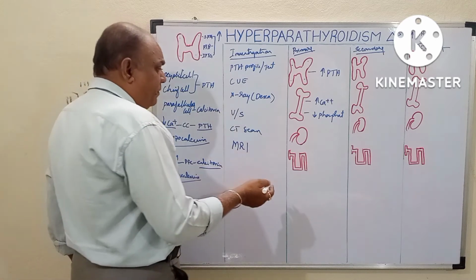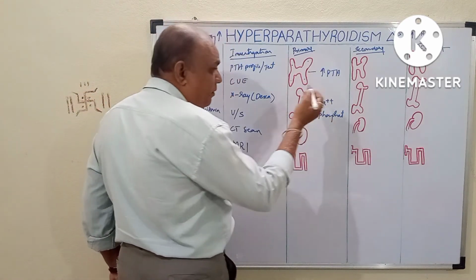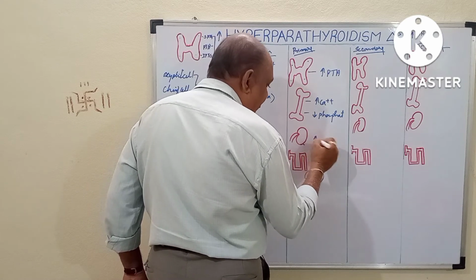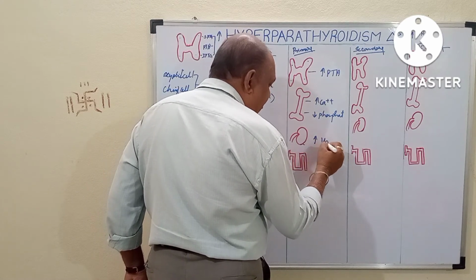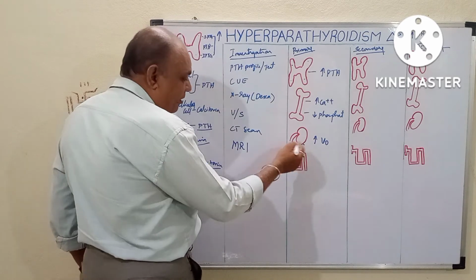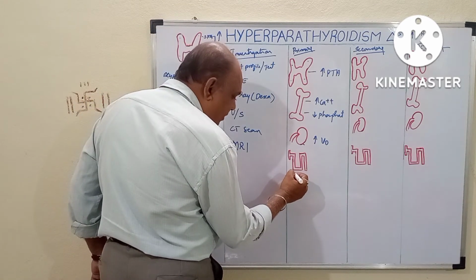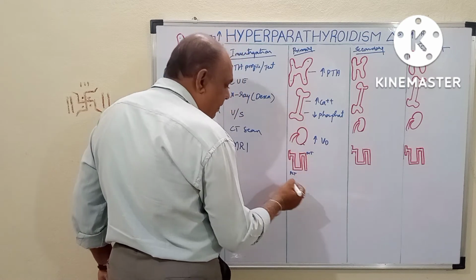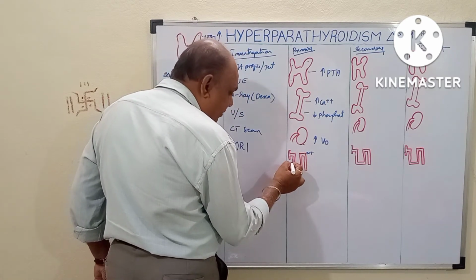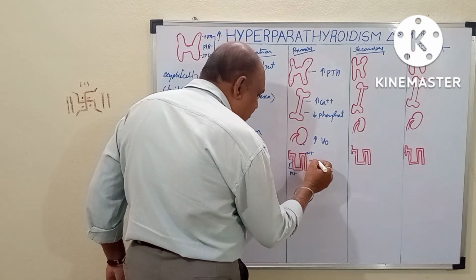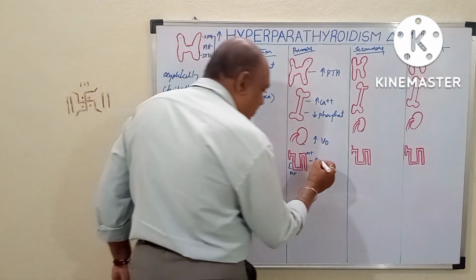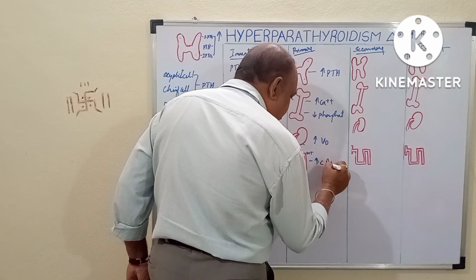Now, the high parathyroid hormone levels in the kidneys will increase the active vitamin D levels. In the nephrons, this is the proximal convoluted tubule, and this is the distal convoluted tubule. In the proximal convoluted tubule, it will increase the activity of cyclic AMP. What is cyclic AMP?